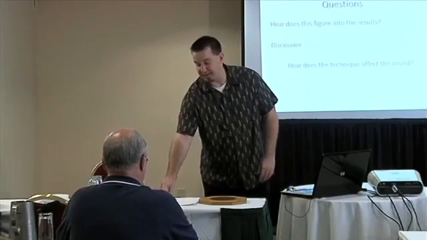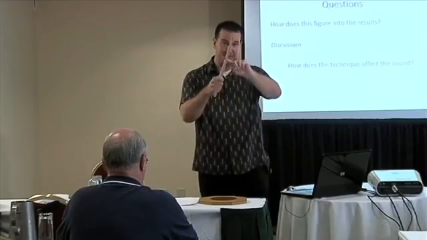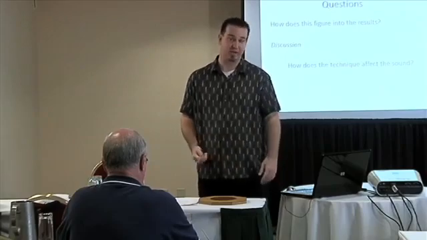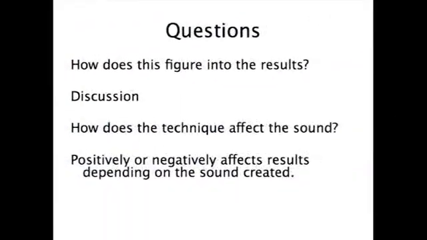So how does technique affect the sound? We just talked about that a little bit. If you're holding the stick too tight, it deadens the sound, it even flattens the sound off, because the thing that vibrates doesn't vibrate. Totally different sound, depending on how you're striking the drum. That latter point comes up all the time in midsection playing. Tenor. Yes. You get a lot of tenor chords where they're actually just striking the drum hard.